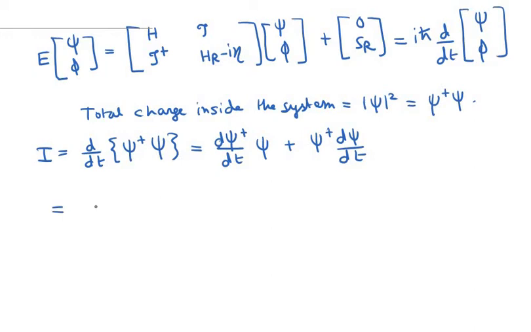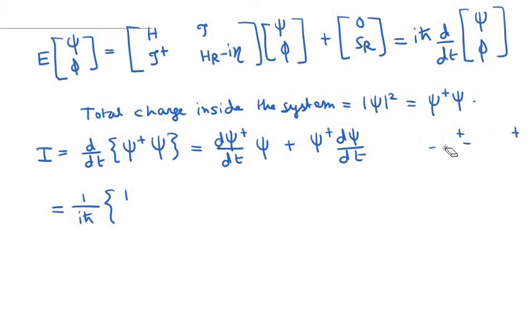So this is equal to 1 by i h bar, and this is equal to psi dagger, or psi dagger h dagger to be more precise, because (AB) dagger is equal to B dagger A dagger. It's not difficult to prove, it just comes from linear algebra. If you are not convinced of this formula, just look into some basic engineering mathematics book.